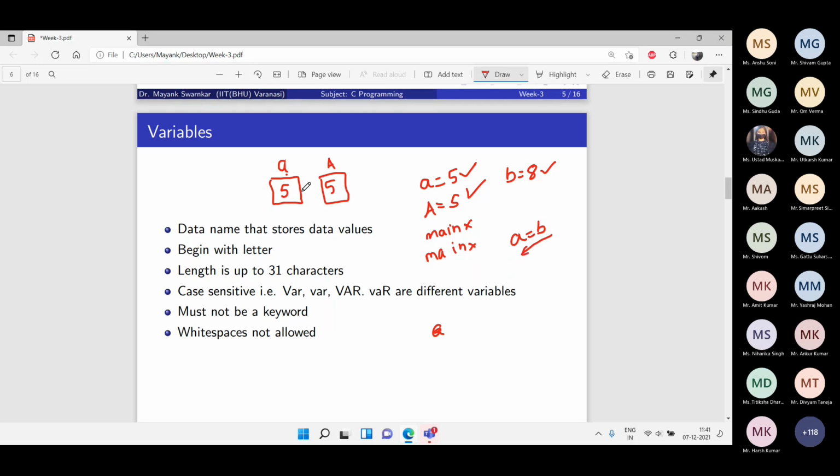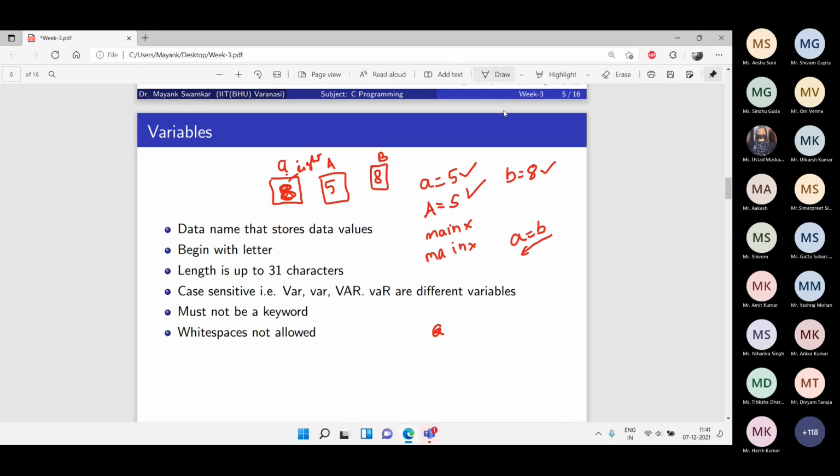This 5 was previously in a. Now a will take the value of b, which is 8. So 8 will come here in the memory. So b is also there, which has value 8, and a is also there, which also has value 8. So this will not have b inside it. This is not b. This is 8.